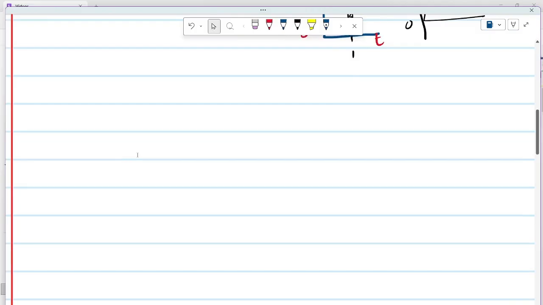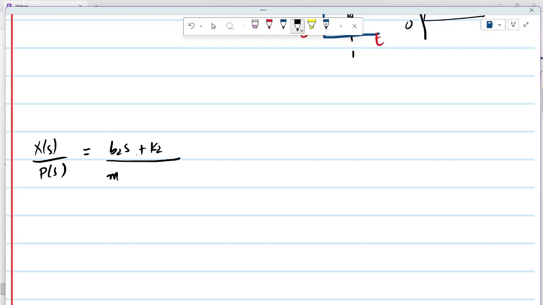I'm going to write its transfer function, that was X of s divided by P of s, and it was equal to (b2 s plus k2) divided by (m b2 s cube plus m k2 s square, plus ...). We have written this earlier, so I hope you have this transfer function.